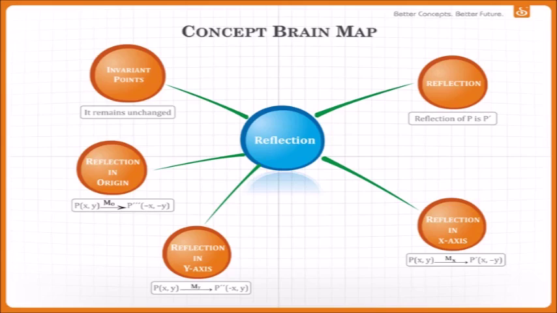And reflection in the origin, P x, y when reflected in the origin gives us P triple dash with coordinates as minus x, minus y. Then we had seen invariant points. A point is called an invariant point if it remains unchanged under a transformation. Now, this topic which we just covered is quite a simple one, but it is scoring, so study well and score full marks in this topic.